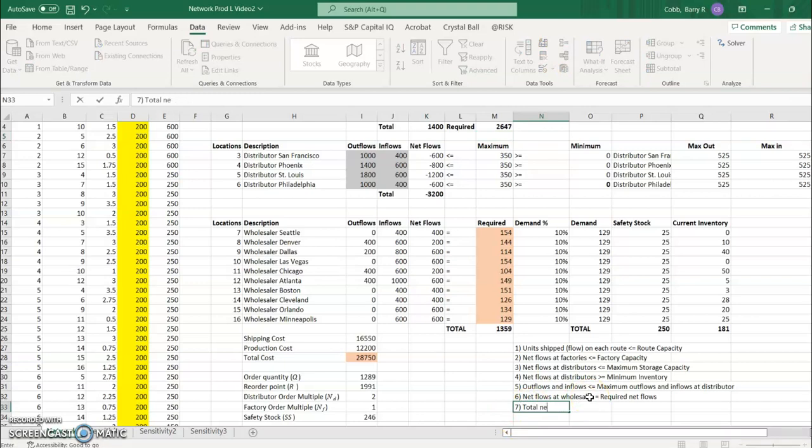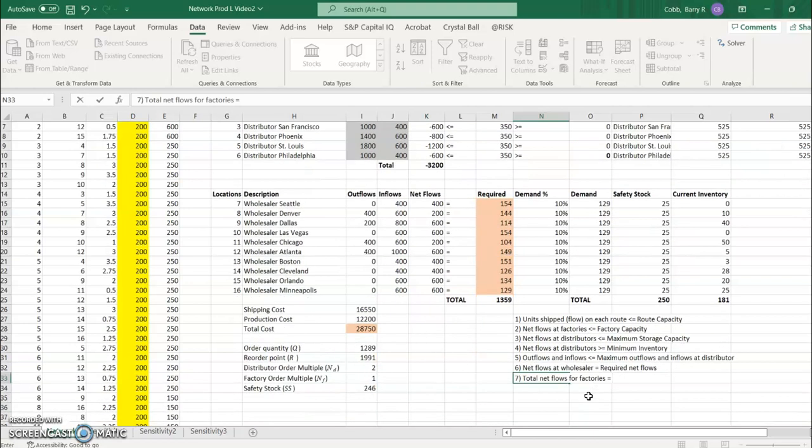So total net flows for the factories is equal to the required net flows, noting that this is equal to ND times NF times Q plus the safety stock adjustment.